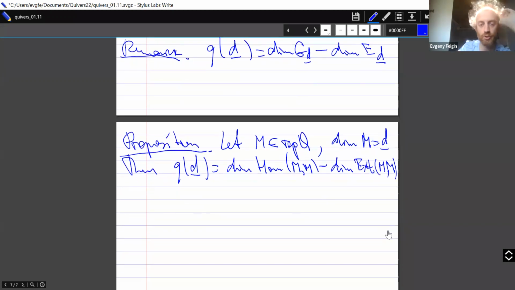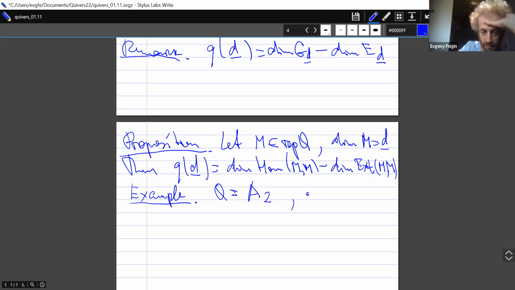Maybe before proving this proposition, let us compute some example. So let Q be just the A2 quiver, and let d be (1,1), and let me take M to be S1 plus S2.